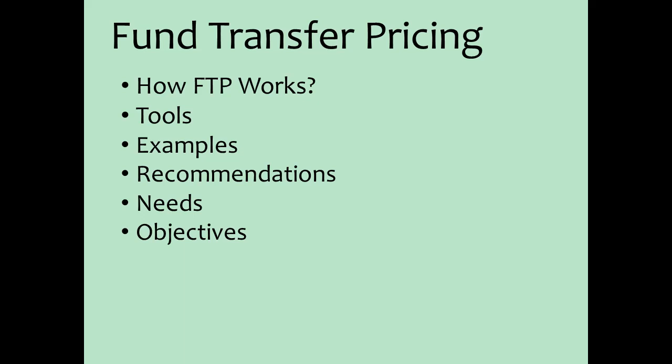This FTP should be so structured as to align the individual goals. So next is to highlight peculiar aspects of certain assets and liabilities, which is to align the incentives of business units, based on certain assets and liabilities incentives.